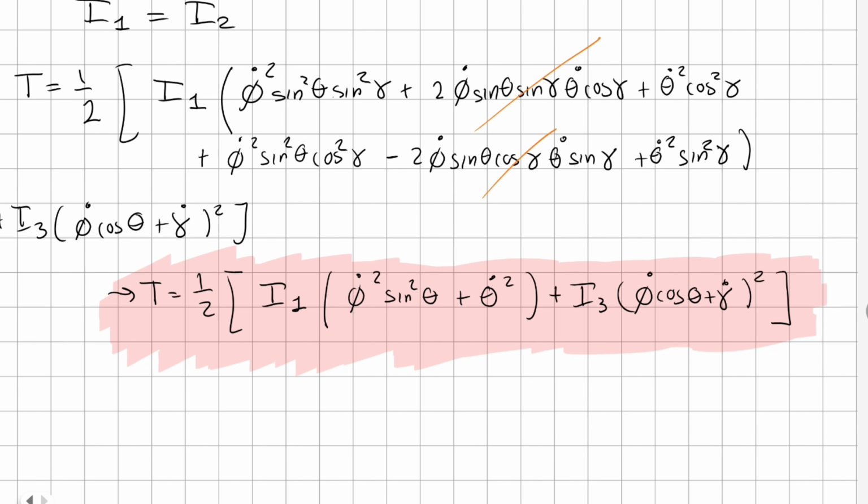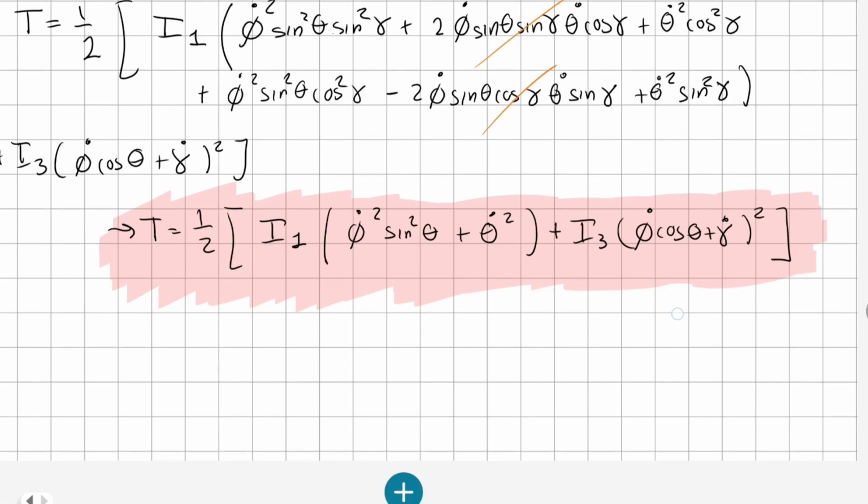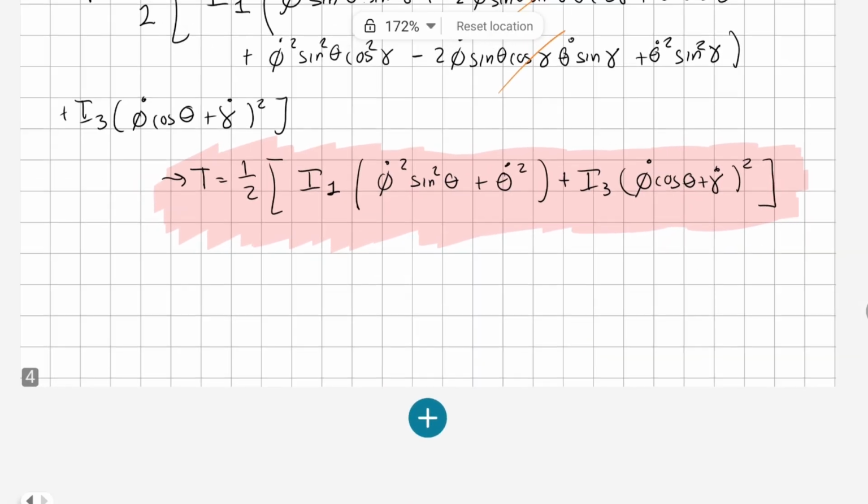Okay, so if we take that Lagrangian into the Lagrange equations, then we are able to find the equations of motion of the rigid body. But for now, the important thing here is that we are able to express that Lagrangian in terms of some new generalized coordinates that are the Euler angles.